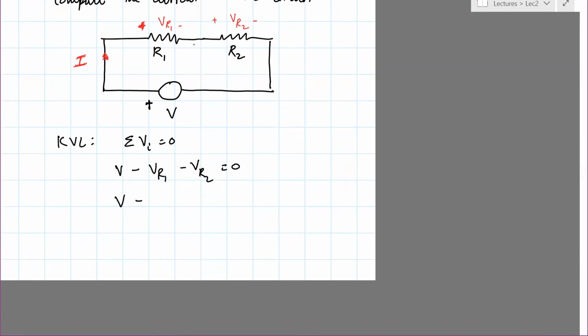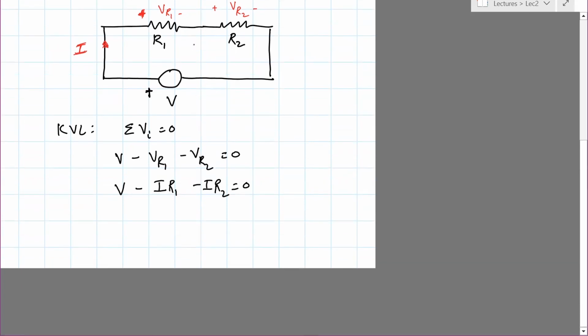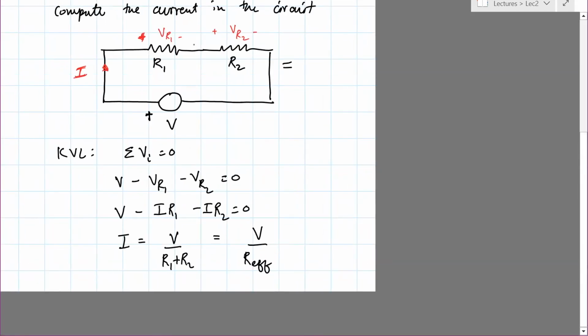Now, there's a constitutive equation between VR and I. We know that VR1 is I times R1, and VR2 is I times R2, so V minus I R1 minus I R2 equals 0. So we can then simplify and write a formula for I. It's I equals V over R1 plus R2. Okay, and if you would like to think of an effective resistance, you can reduce this to a simple circuit involving one resistor and one voltage source, and then this would be R effective.